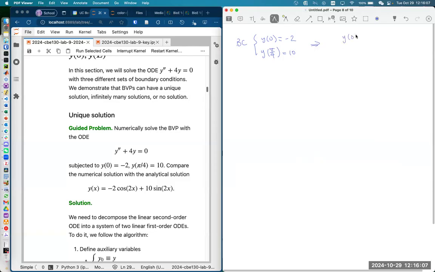So y of 0 plus 2 is equal to 0. And then y of pi over 4 minus 10 is equal to 0. So what Python will need is this part. They will automatically set this to equal to 0.